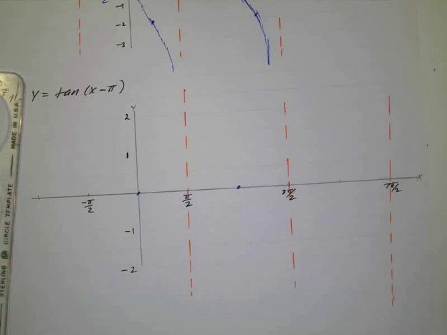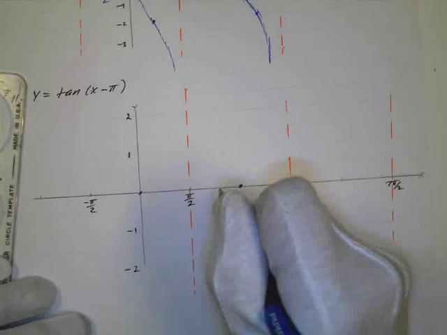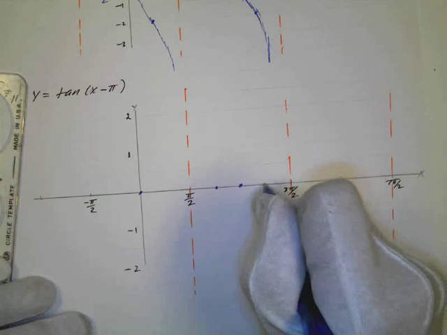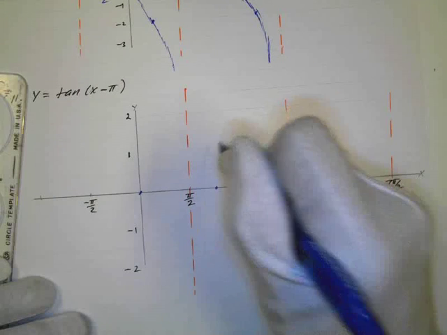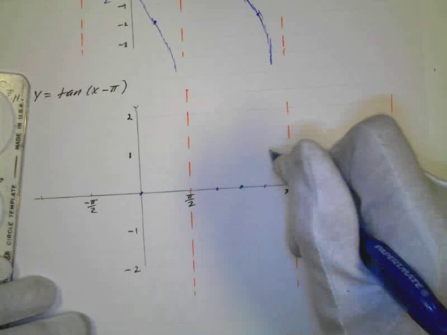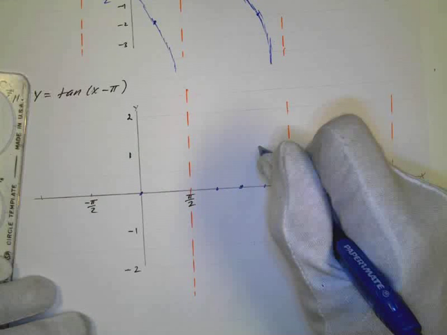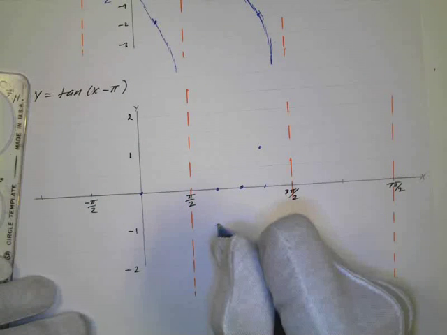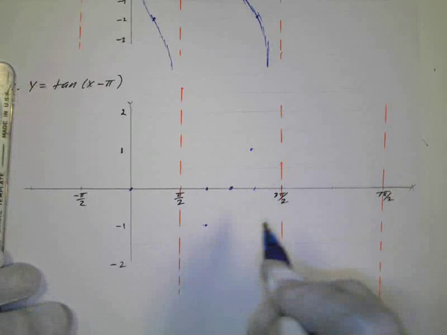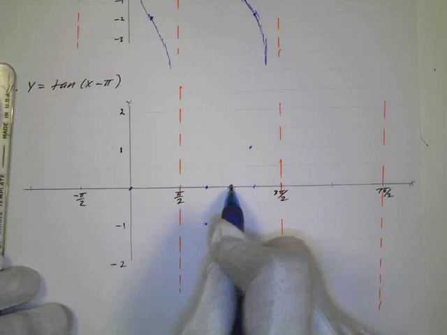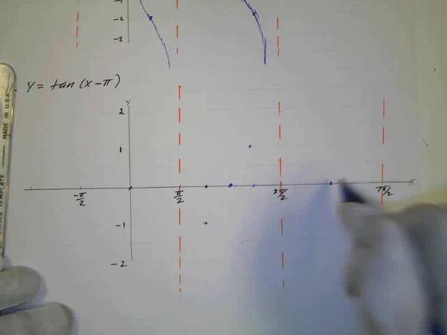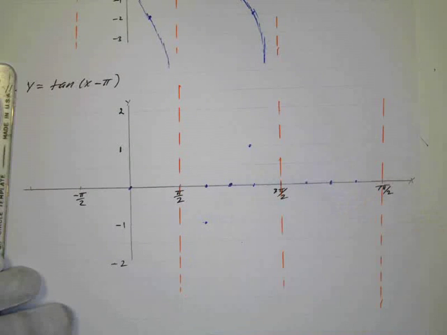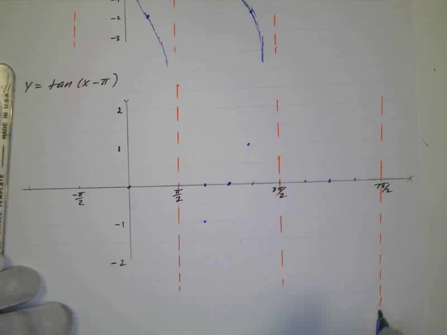Okay, there we go. And then in between we have our checkpoints, and these are going to be ones now because this is just regular. There's no change of the amplitude. So these will be ones here. Now remember that it goes like this, so this will be the positive one, and this will be the negative one. I just go right between the center and the asymptote. So the same thing. This is my center, between the center and the asymptotes.